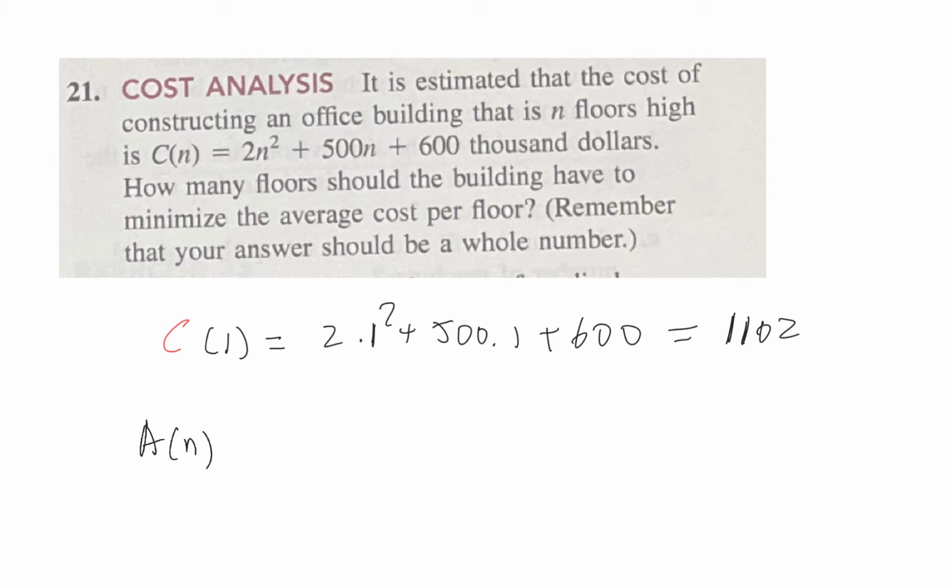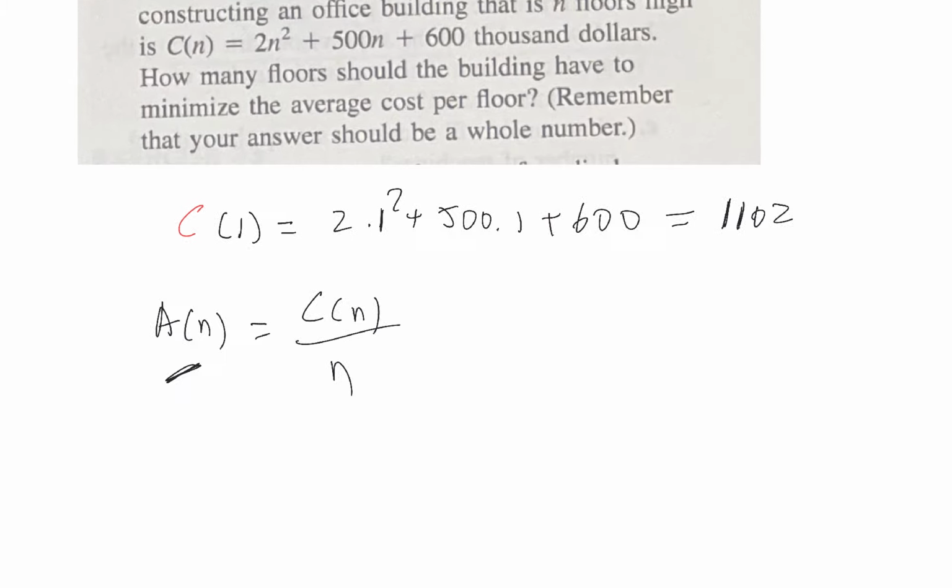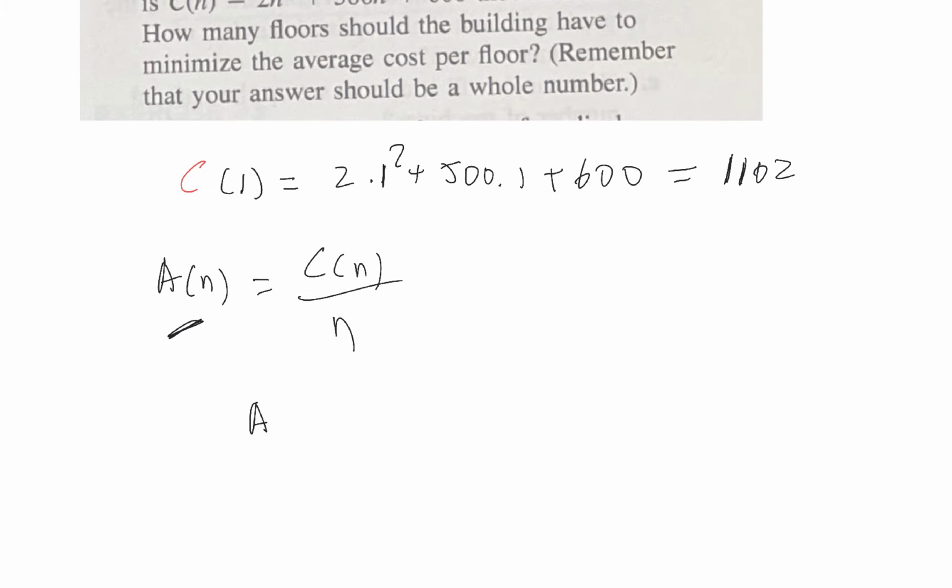The average is the total cost divided by the number n of floors, and I need to minimize this average cost per floor. So the average per floor is C of n divided by n.